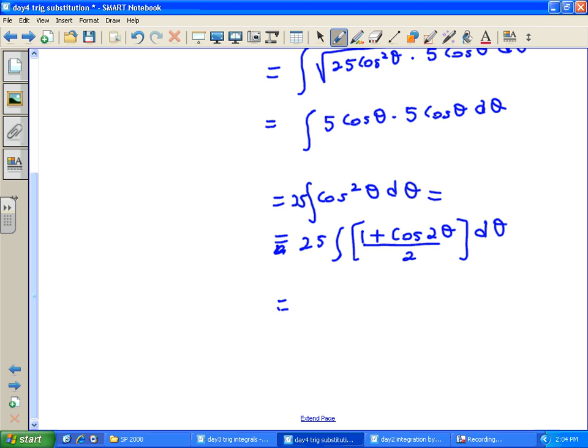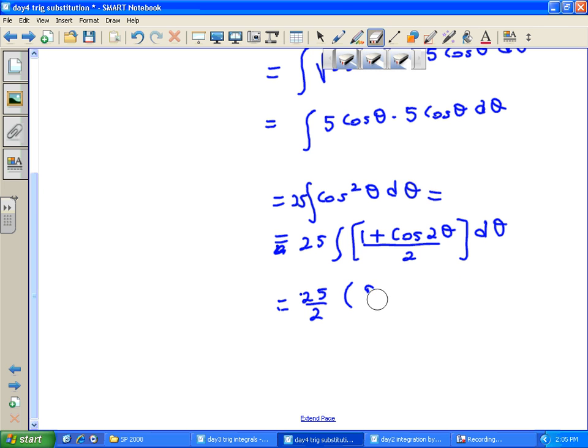So I'm going to factor out the 1/2, so you have 25 over 2. Now integrate the 1, you get theta. Integrate the cosine 2 theta. Any thoughts? Sine 2 theta over something, right? What is the integral of cosine 2 theta? Over 2, exactly.